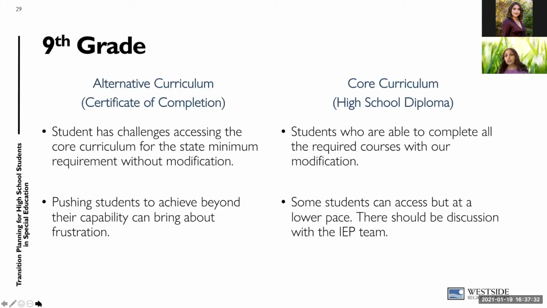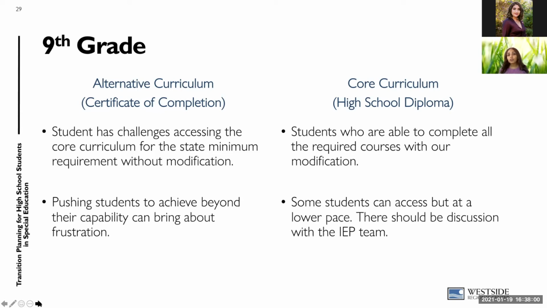Ninth grade is also, or should also be, the time that families can sit down with their students and really consider and think about what route the child is going to take throughout their high school. Like Barb mentioned earlier, there's alternative curriculum, which would allow the child to leave high school with a certificate of completion.